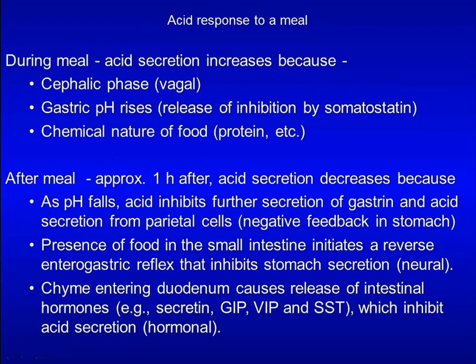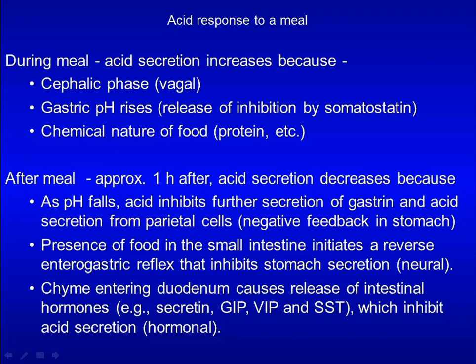After that, acid secretion decreases because of three mechanisms. First, within the stomach, as pH falls, acid inhibits release of gastrin from G cells and acid secretion from parietal cells.